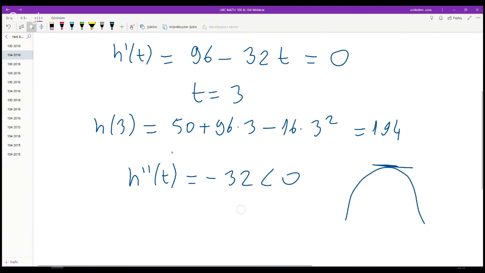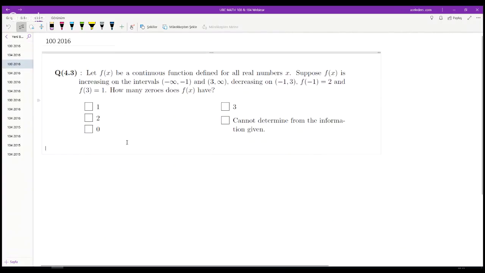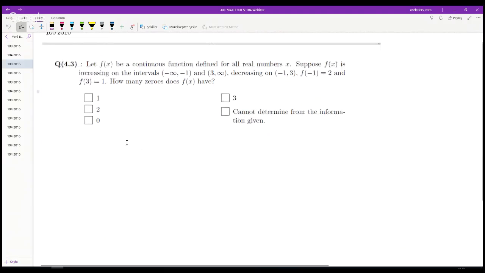So since the second derivative is less than 0, this is a maximum. Okay? Okay, great. I'm receiving the comments. Okay, very good. Very good. Please write me. So that was the second question.